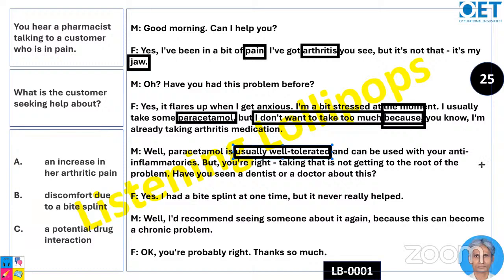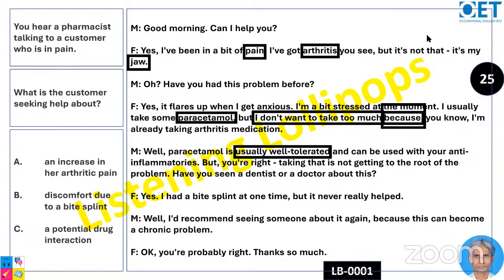Paracetamol can be used with anti-inflammatories. Remember that. Okay. Is that clear? That's the point. Okay, fine. That's very clear.